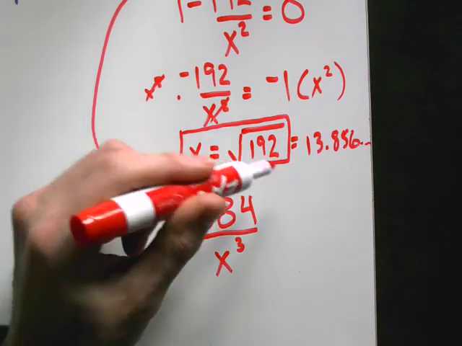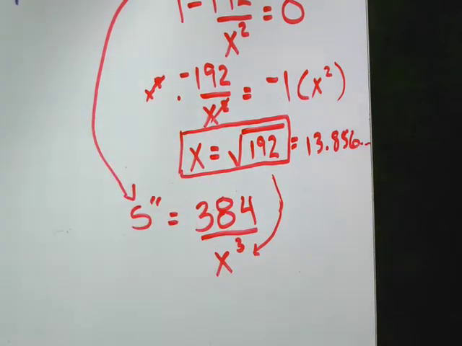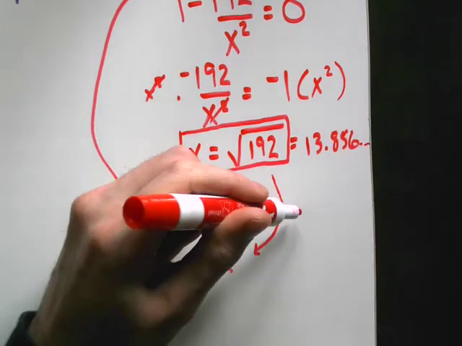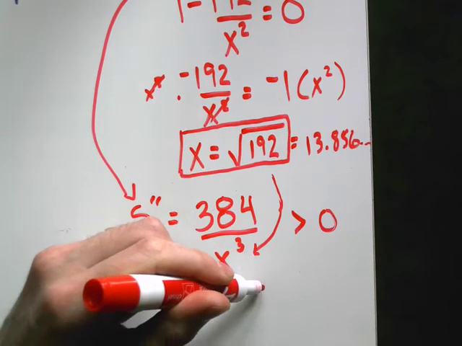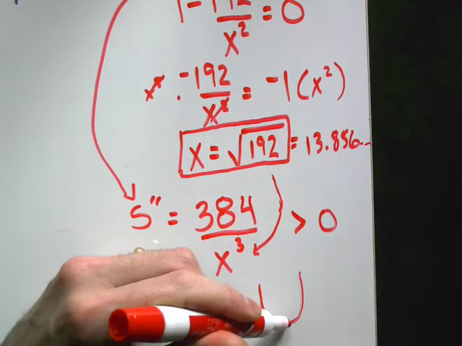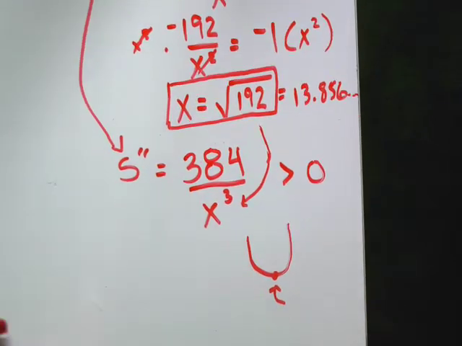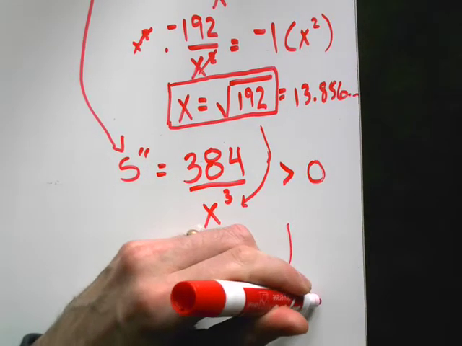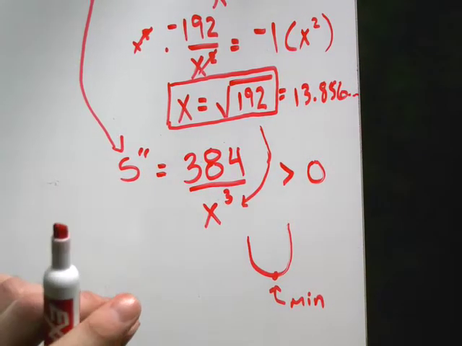If I were to take my x and plug it into here, 384 divided by the square root of 192, that is still greater than 0. And if it's greater than 0, we know that our graph is concave up, which means we have our minimum, okay? This second part where we're taking the second derivative is just a check, okay?